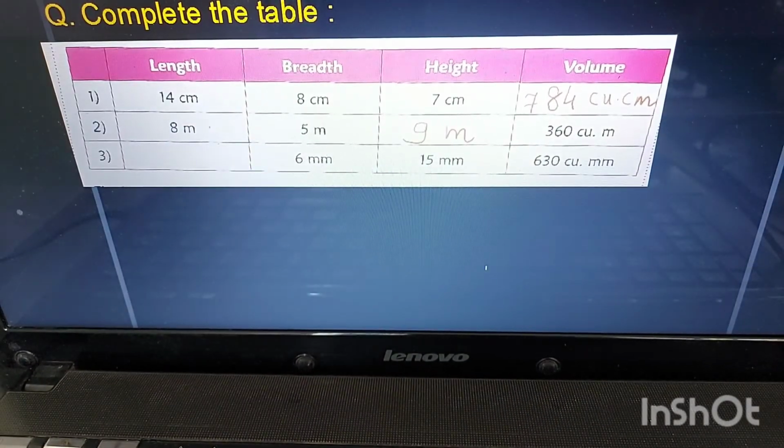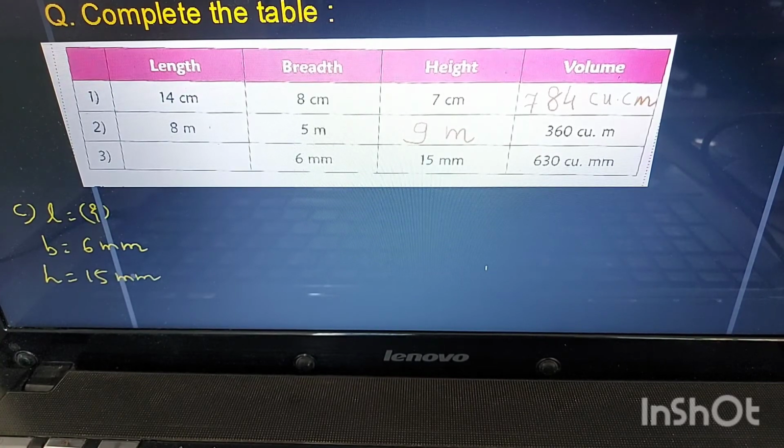Let's try out C question. So first we will write the dimensions. Length is not given. So length is your question mark. Breadth is given as 6 millimeters. Height is given as 15 millimeters. And volume is given as 630 cubic millimeter, or you can write it as millimeter cube.